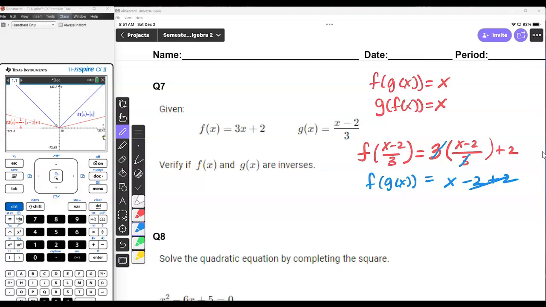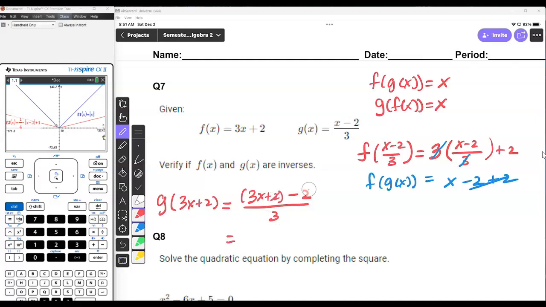So now you have to test g of f of x. So it's going to be g of 3x plus 2, equals 3x plus 2 minus 2 divided by 3.